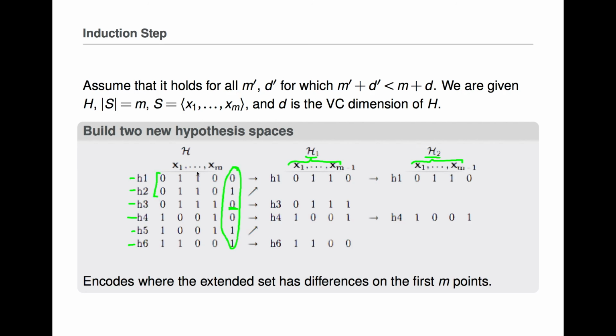And so here are two cases where we have hypotheses in our original hypothesis set that look the same on the first m-1 examples, but give different answers on the final one, the mth example. And so whenever that happens, we need to create two new hypotheses, one that lives in H1 and one that lives in H2.